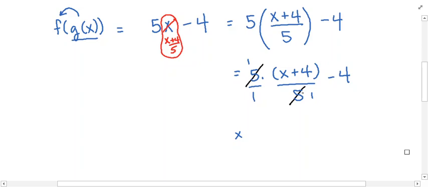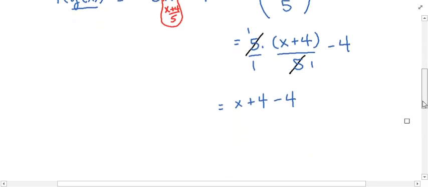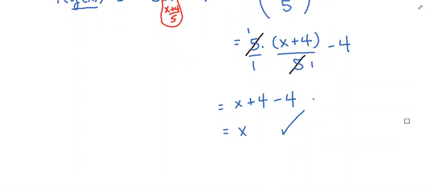Multiplying across the top, you get 1 times x plus 4, which is just x plus 4, and the bottom is 1 times 1, so the fraction goes away. You're left with x plus 4. Don't forget the minus 4 off to the side, so you're left with x plus 4 minus 4. The 4's cancel, and you're left with x. So we verified the first direction: if you do f of g of x, you do get x.